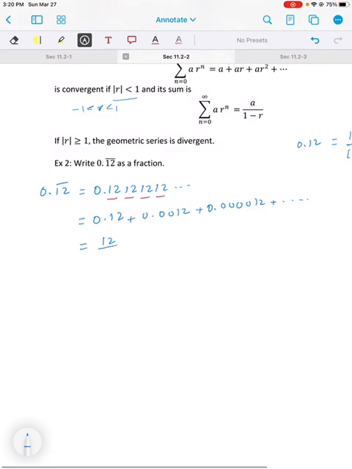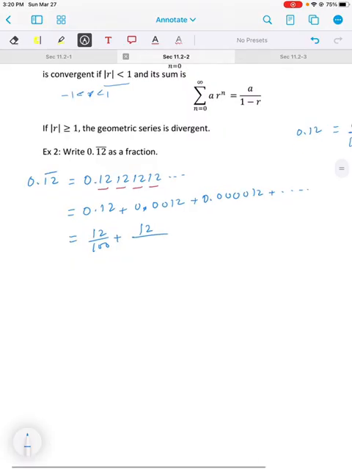Now you can write each of them as a fraction. So this is 12 over 100 plus 12 over, so what will this be? The way you convert it into a fraction, remember, is that you think of it like this: in place of the decimal you put a 1, and then you count how many decimal places you have to the right of the decimal. So we have 1, 2, 3, 4, which means we have 4 zeros here.